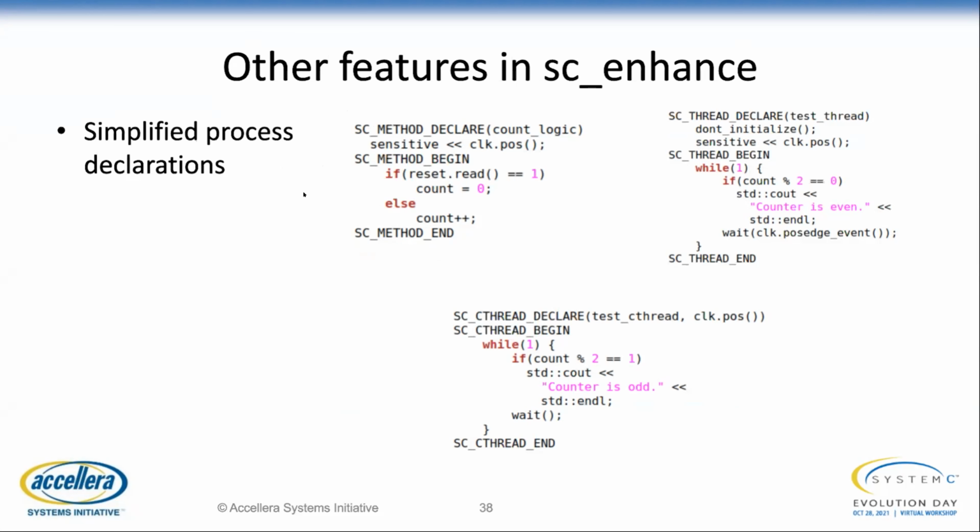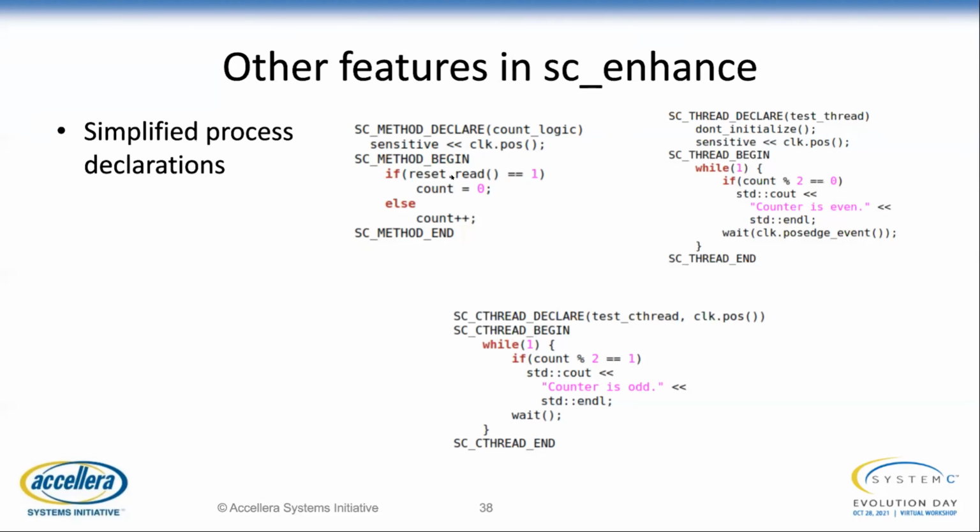And the fact that there is this separation between declaring the body of the method or the thread, and then later on in the constructor you have to register it and declare the sensitivity list, I think it can be a source of distraction and bugs, because you have the code split into multiple places, and you might forget, for example, to define the sensitivity list or to simply register it as an SC method or an SC thread, and you're gonna wonder why is it not running when you start the simulation.